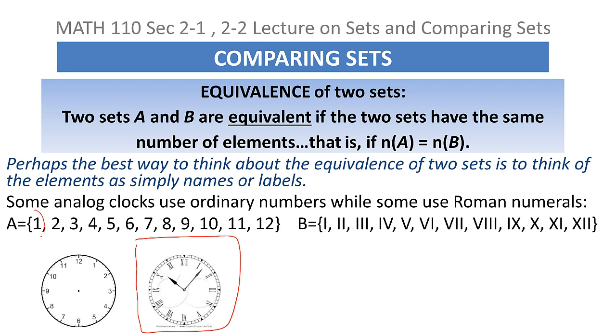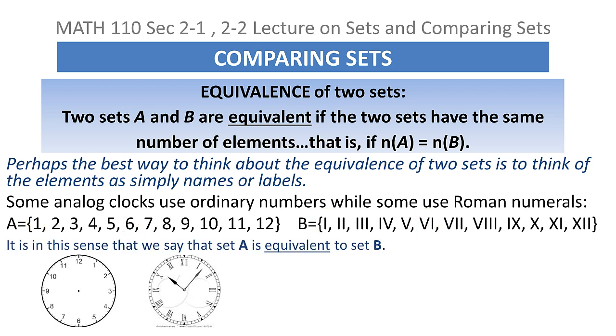Whether I use the Arabic number 1 or the Roman numeral 1 or the Arabic number 6 or the Roman numeral 6, none of that matters. It's just that they're the same number. There're going to be 12 of the labels no matter what you use for them. That's the sense of equivalence. In that sense, we would say a set A containing the Arabic numerals 1 through 12 is equivalent to the set B containing the Roman numerals 1 through 12.